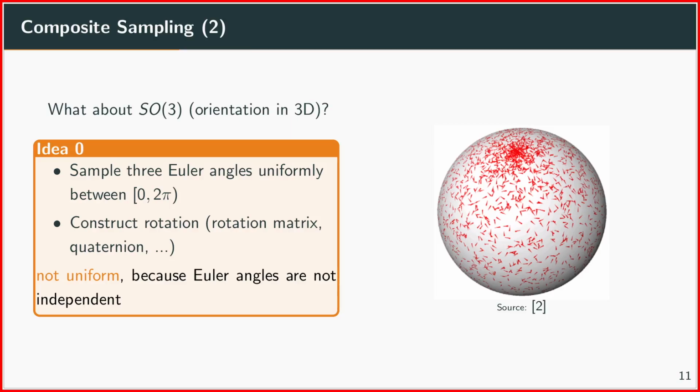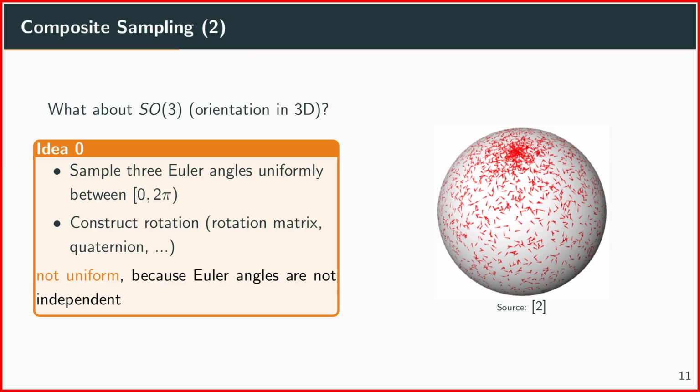But this is a bit tricky because this is not uniform, and the reason is that Euler angles are usually not independent. For example, one way to visualize this is on a sphere. Each point here is your angle, and pitch is represented by the rotation of those needles.